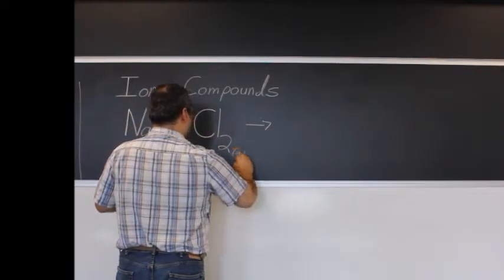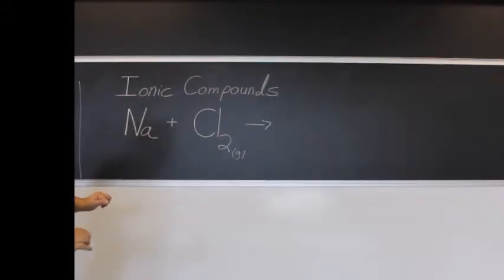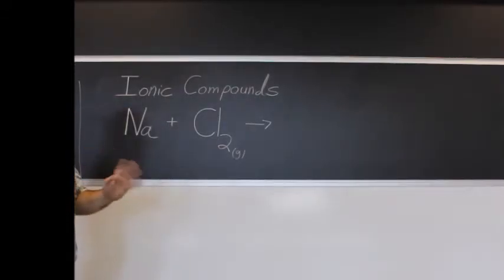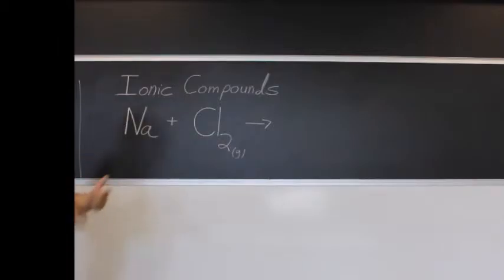And in case you're wondering, I'm actually drawing a little bit out of chapter 3 right now of showing how to balance a chemical equation. And that's okay, because we're going to see that to really understand the ionic compounds, we should also start thinking about how these reactions occur.